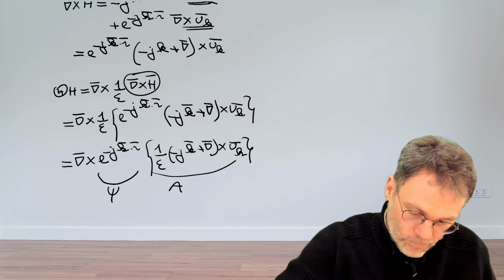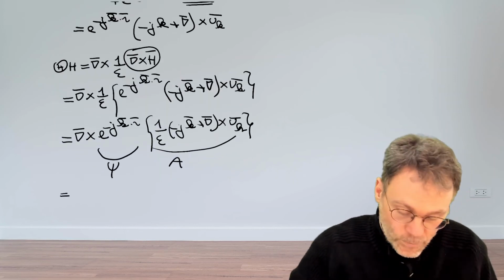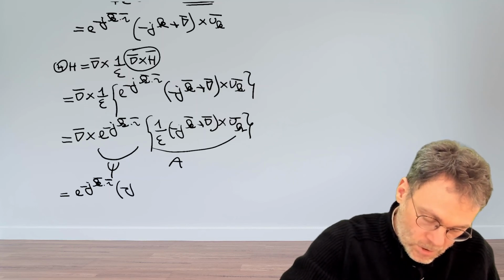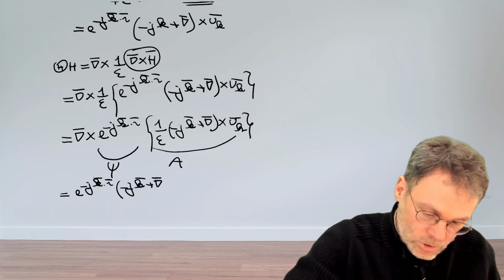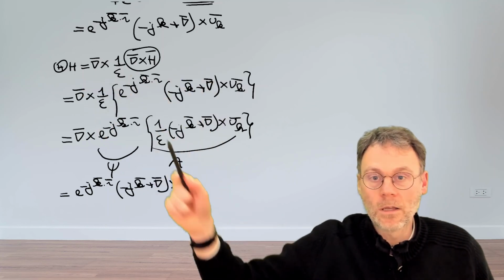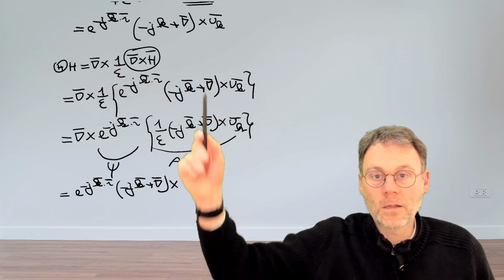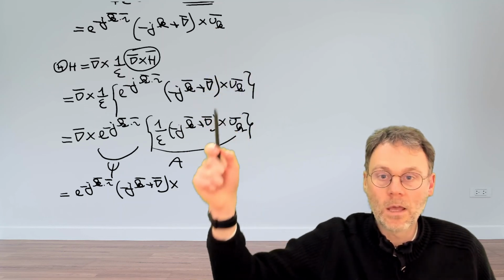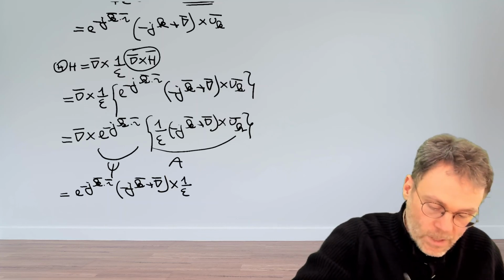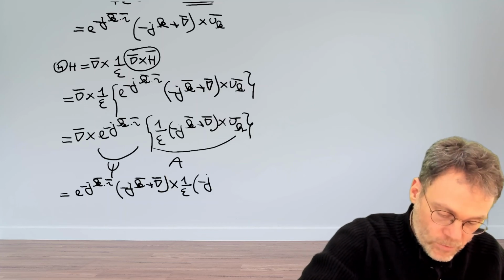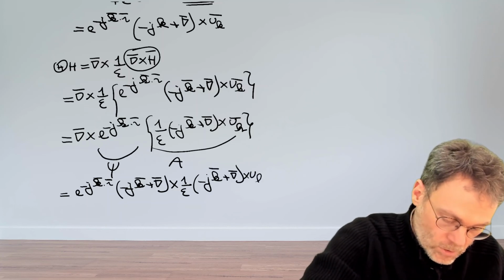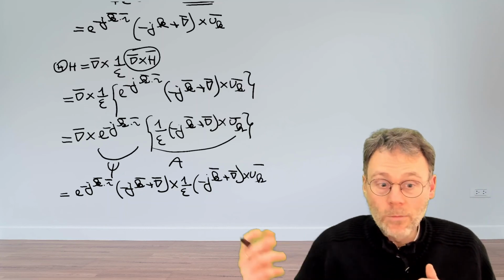And then finally, we end up with exponential minus jkr, minus jk plus nabla. Here I'm just copying this over here. And then the final thing I need to do is replace this uk by this complicated expression over here, which is just 1 over epsilon, and then another curl that we already pre-calculated, minus jk plus nabla, curl uk. And now we're basically almost there.